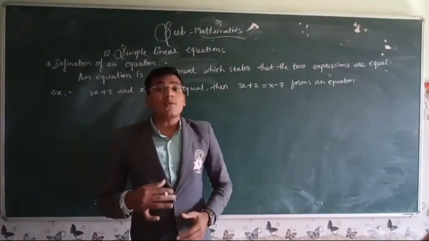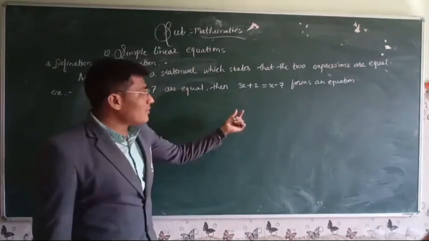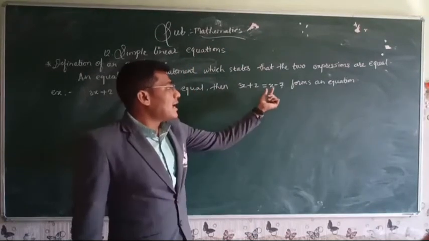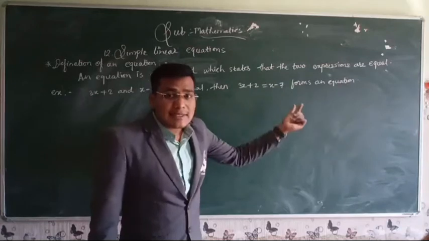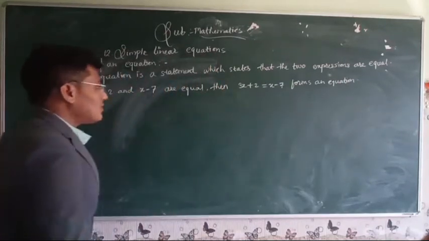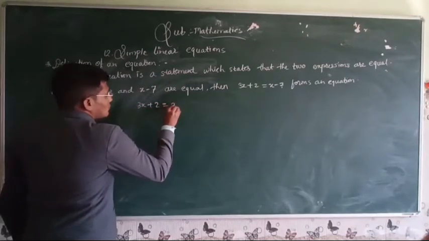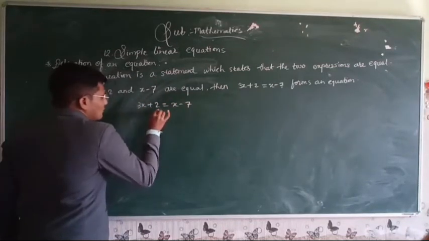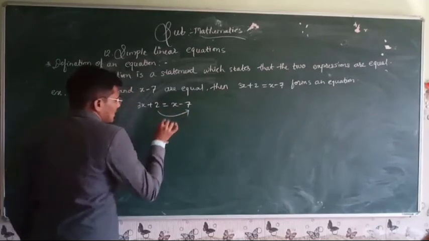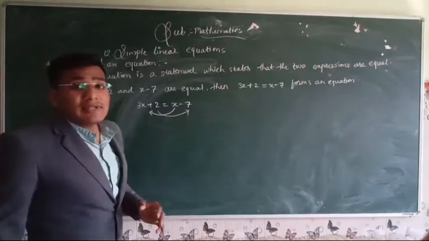To get the value of the variable x, we have to solve 3x plus 2 is equal to x minus 7. When the 2 goes to the RHS and the x comes to the LHS, the signs will change.